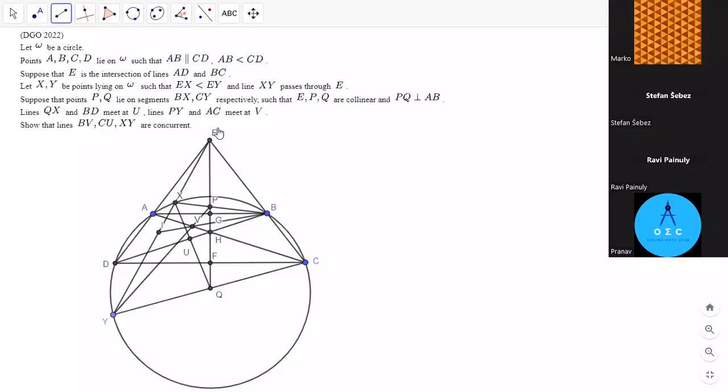Maybe we could find the cross ratio EXIY. So if we project through B, let's think about this.